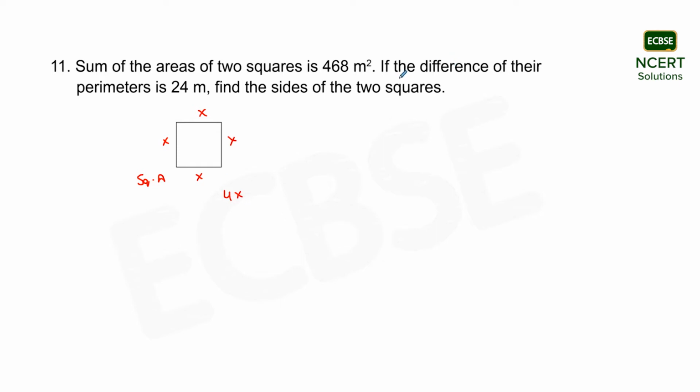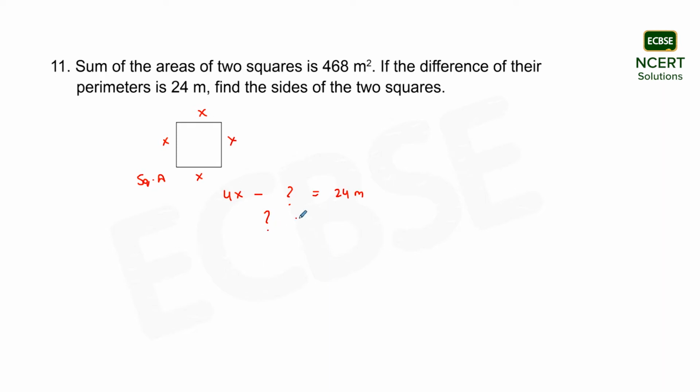If I read this statement, the difference of the perimeters is 24 meter, which means the perimeter of one square minus the perimeter of the other square, whose side we don't know yet, will be equal to 24 meter.